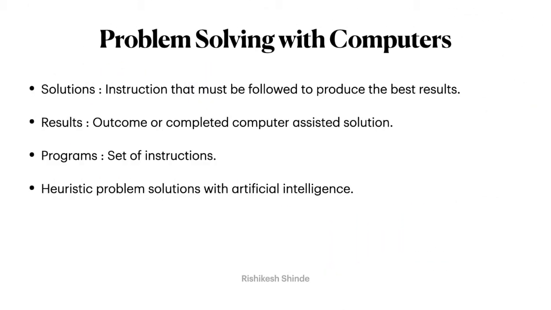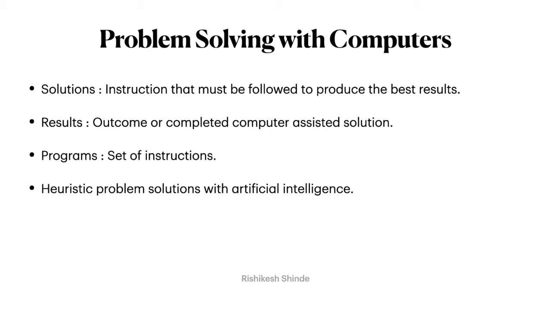Now let's see problem solving with computers. To understand this topic, we have 4 different points. First thing is solution. It is an instruction that must be followed to produce the best result. The result may be more efficient, faster, or more understandable. So this is the first point, that is solutions.